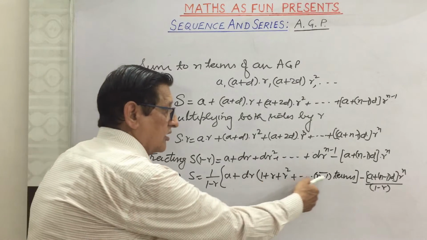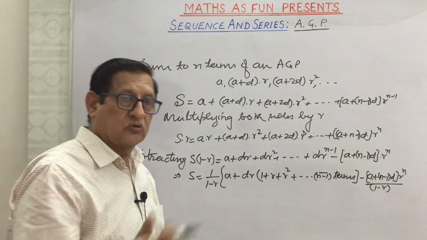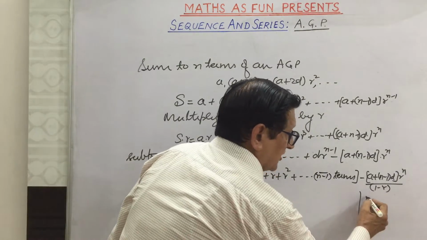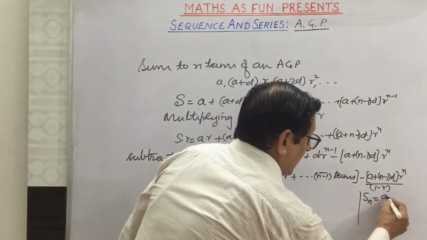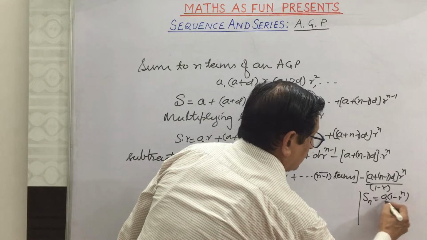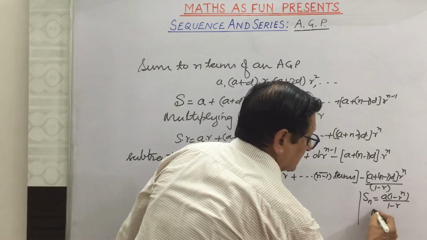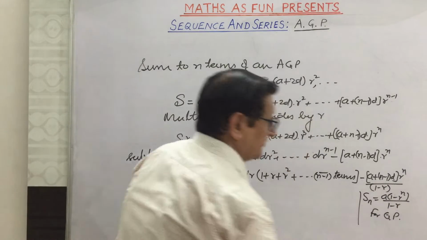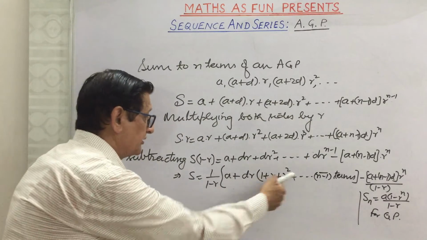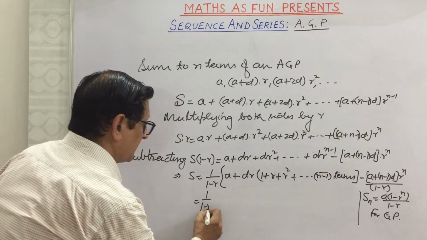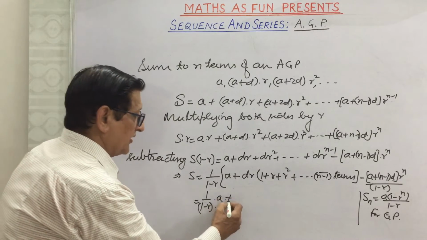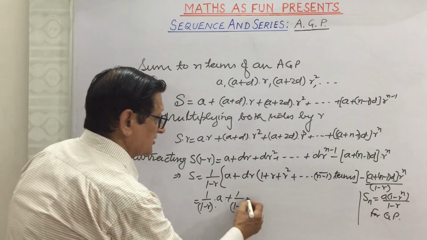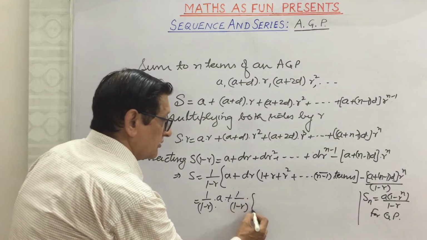We know this is an AGP. So we know the formula for the sum of n terms of a GP is a into 1 minus r^n upon 1 minus r. If we apply that here, we will have 1 upon 1 minus r into a plus 1 upon 1 minus r into, what?